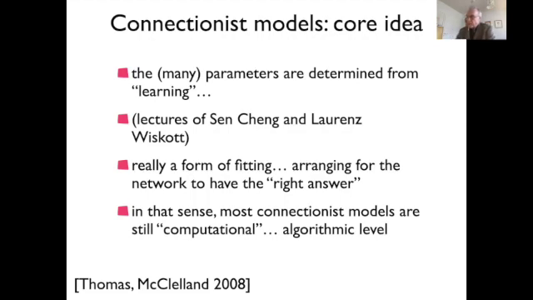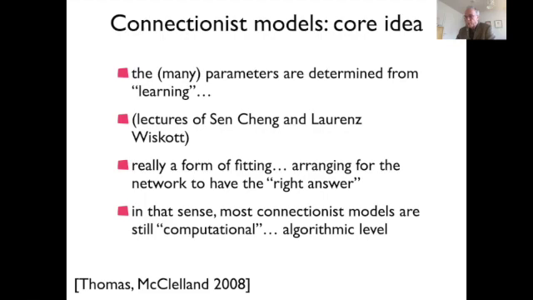And so these many parameters could be determined easily from data, typically a lot of data, by something that was named learning in analogy to human learning, even though the proposals in this field for how that's done have really little to do with what humans do when they learn. They are essentially a form of fitting.